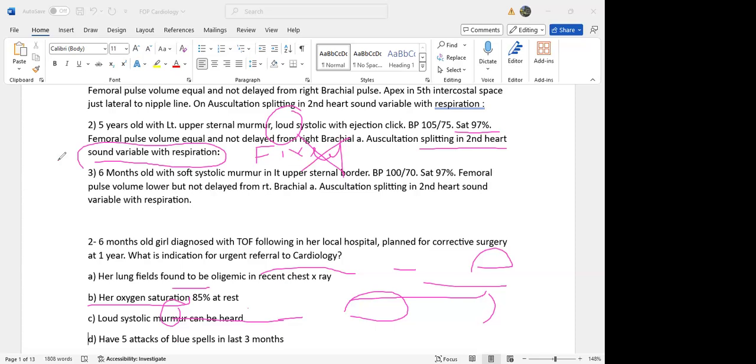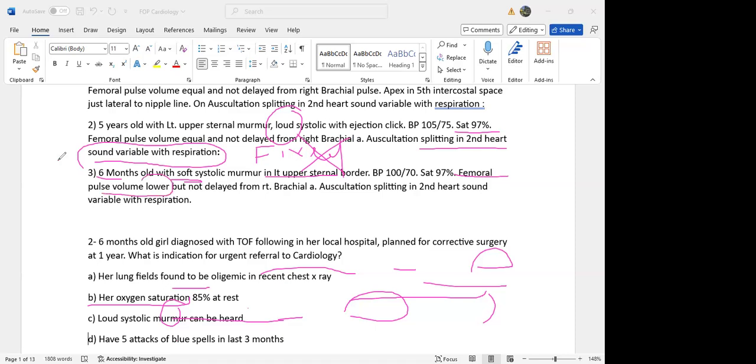Now the third, this is a 6-month-old with a systolic murmur. Soft. The word is again the 6-month child. Now the word is soft, not loud. The grade would be less than 3. Again the location is left upper sternal edge. Femoral pulse volume lower but not delayed. The important thing is that the femoral pulse volume is not equal. It is lower.